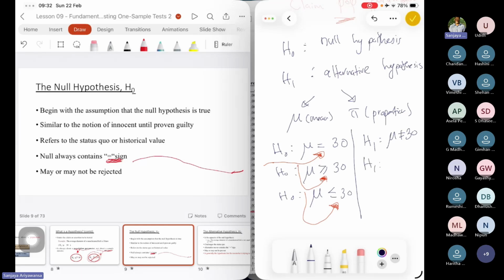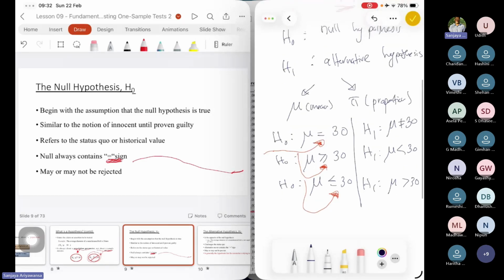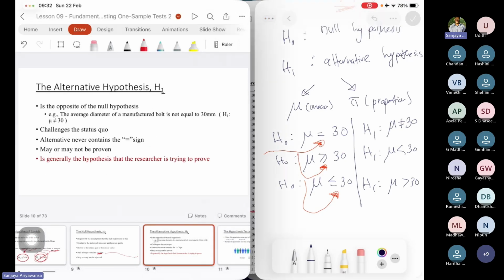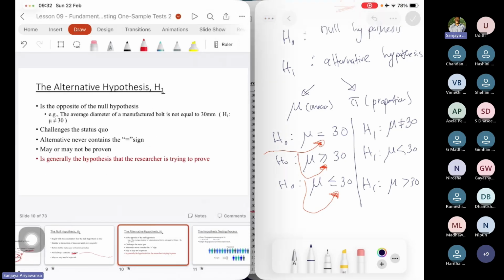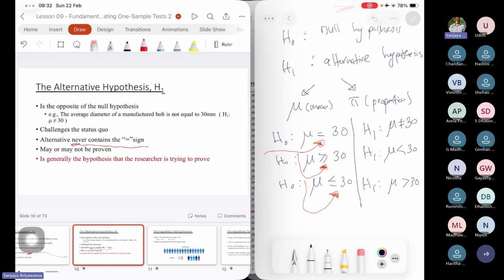In this scenario, you would say mu is less than 30 because null is greater than or equal to 30. H1 is mu less than 30. If you say H naught is mu less than or equal to 30, then H1 is simply mu greater than 30. These are small things, but keep them in mind. That's what I wanted to highlight here. The alternative never contains the equal sign. I've given you the examples.